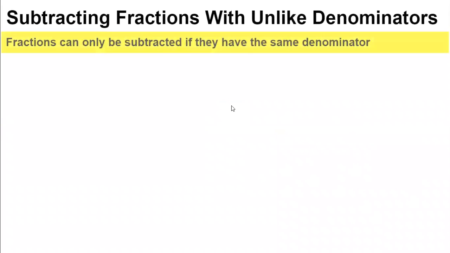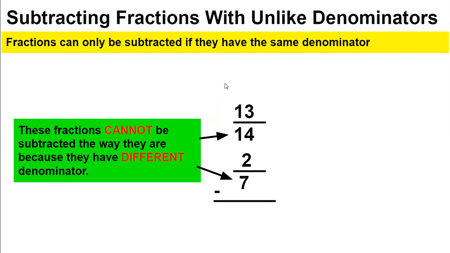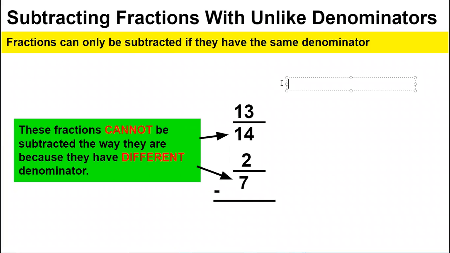We're going to try 13/14 minus 2/7. I would encourage you to pause the video, try it first on your own, and then press play again and see if you've got it right. Notice how the bottom numbers are not the same. 14 and 7 are different, so we have to find the least common multiple of 14 and 7. You can start listing, but after a while you get good at knowing what works. 14s are going to be 14, 28, 42.